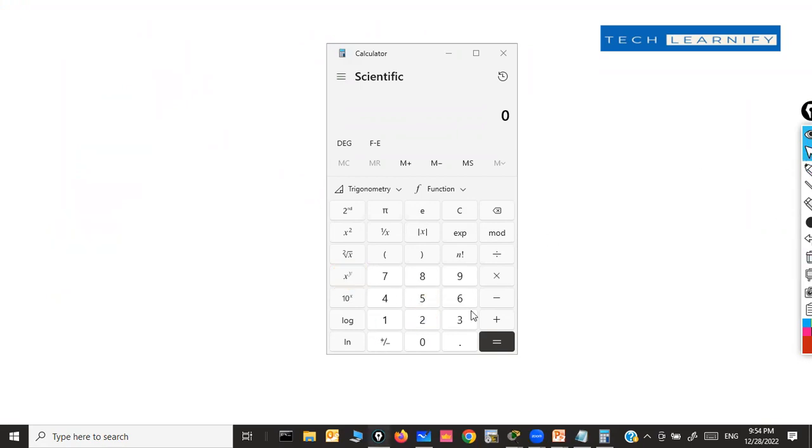Look at the calculator here: 2, then x to the power y, and it shows 2 raised to the power, and then I click 5. Obviously I know the answer would be 32, and see here, 32. So that's how it is computed. 2 raised to the power 5 means 2 multiplied 5 times.